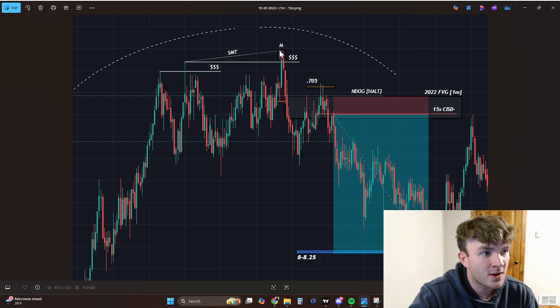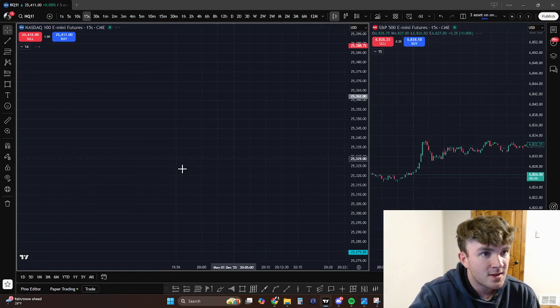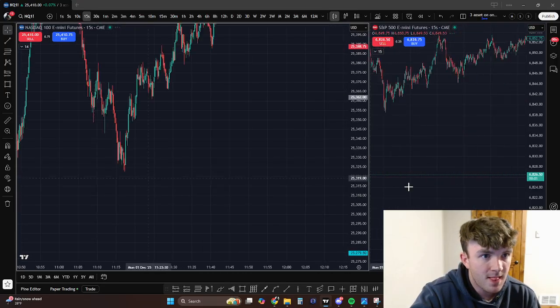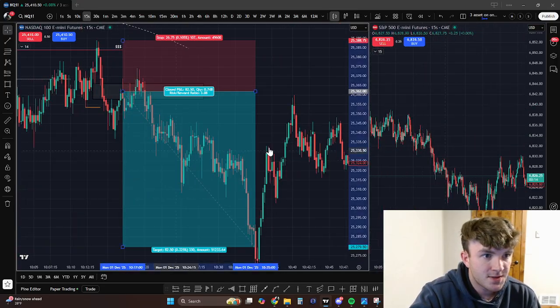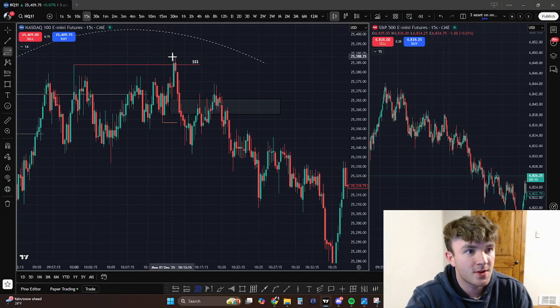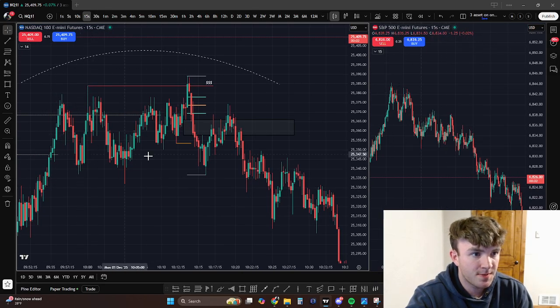Note it occurred right into the sweet spot of this displacement, this breaker structure leg, right? So I can go down to the lower time frame and we can look at that. You can see here, if you guys haven't watched my short form video on OTE, watch it. Look at this, from high to low. So we sweep again.